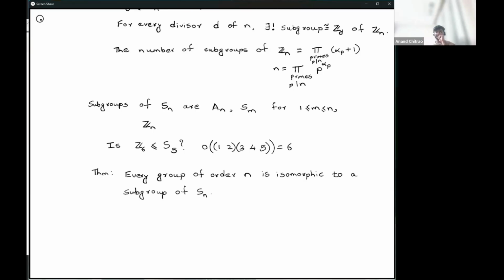Okay? Not just Zn, this group of order n can be any random group. It can be non-abelian, it can be abelian, it can be cyclic, it can be non-cyclic. You know for sure that that group is a subgroup of Sn.